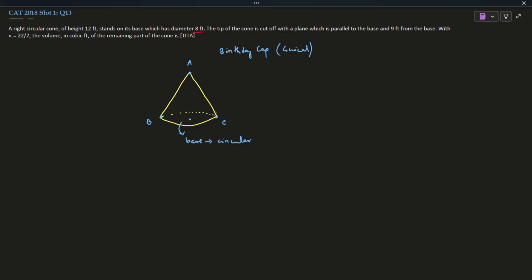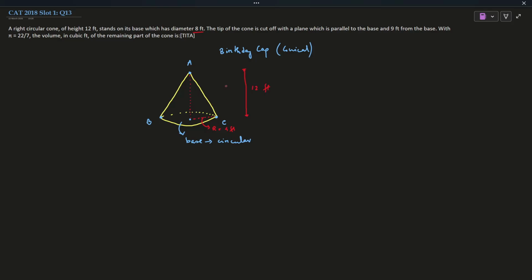Diameter is 8 feet, so the radius will be 4 feet. This height is 12 feet and this radius is equal to 4 feet.